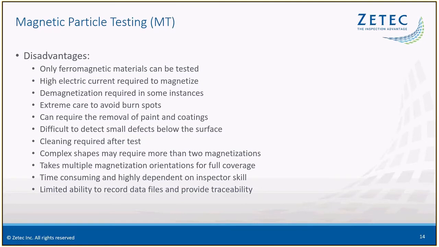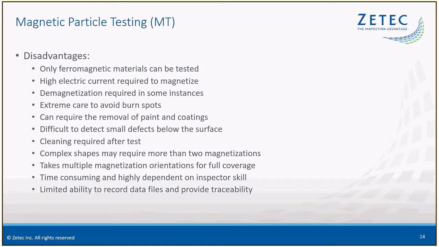Again, though, the disadvantages with MT are that you're only able to do ferromagnetic materials, ones that can be magnetized. You do have to apply a very high current to your part, and afterward you need to go through a demagnetization process so that you don't put a part in service that's magnetized. You have to take really high care to make sure you don't put any burn spots because of the current.